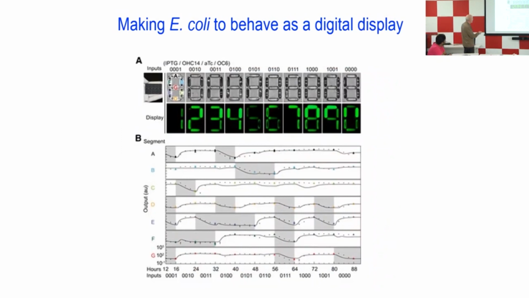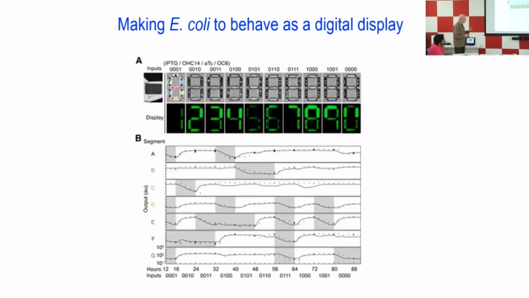Depending on the inputs here, and there are 4 inputs, IPTG, 1 autoinducer, tetracycline, and another quorum sensing inducer, then you have 1, 2, 3, 4, 5 is okay, well, a little weak, 6, 7, 8, 9, and 0.